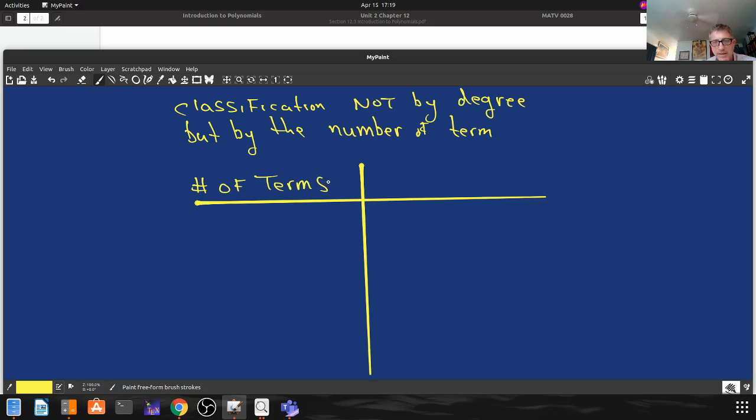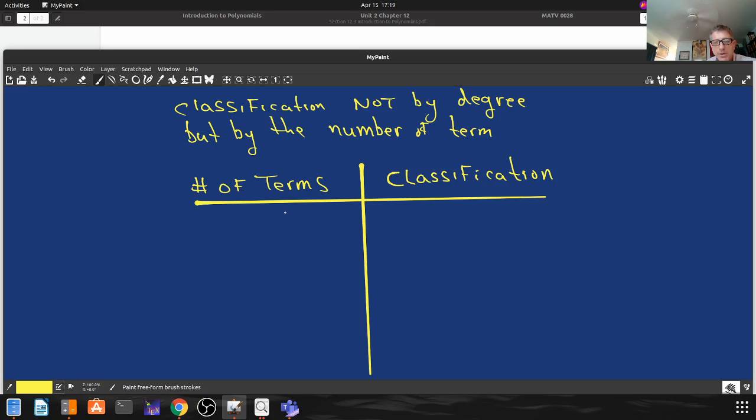That's the reason I saved it to the last. So many ways to classify. I think really the degree is the most important classification you can get.